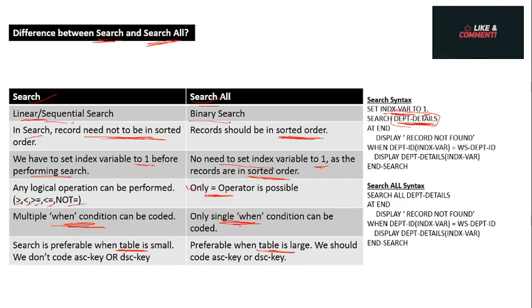AT END display 'record not found', and then WHEN you give the department id, whatever you need to search, and the index variable comes here and displays the record if it is found. If it is not found at end, then 'record not found' will be displayed. The same applies to SEARCH ALL.